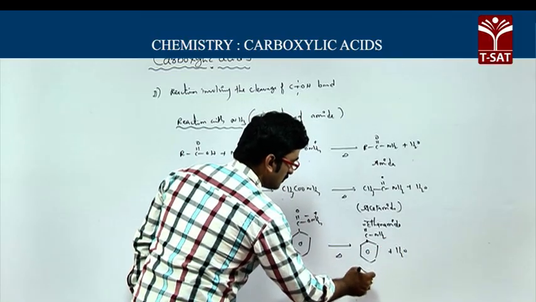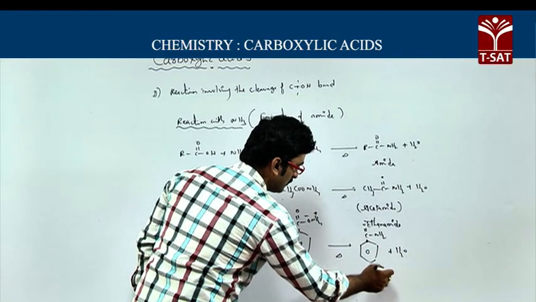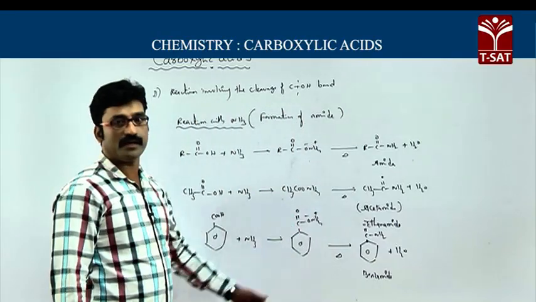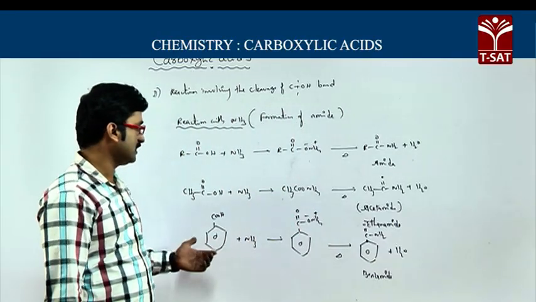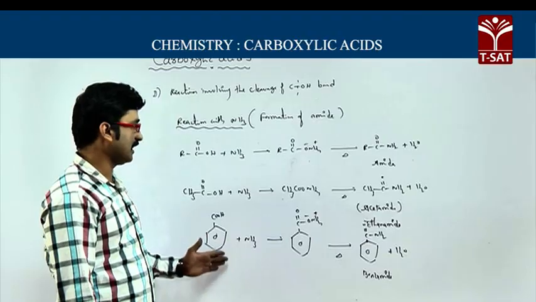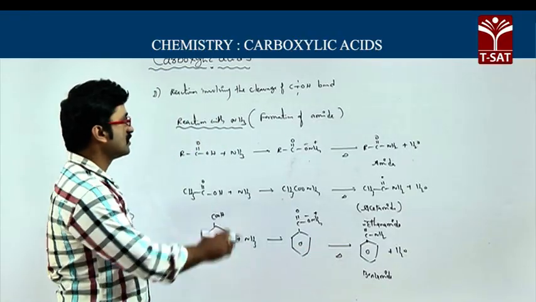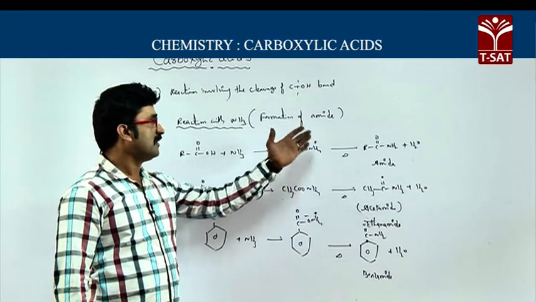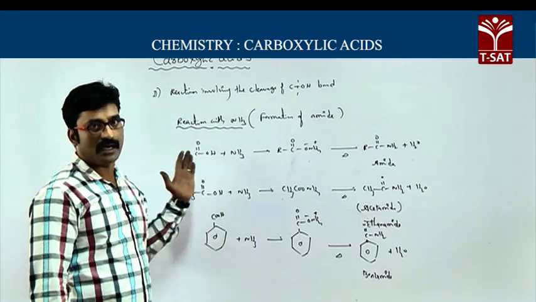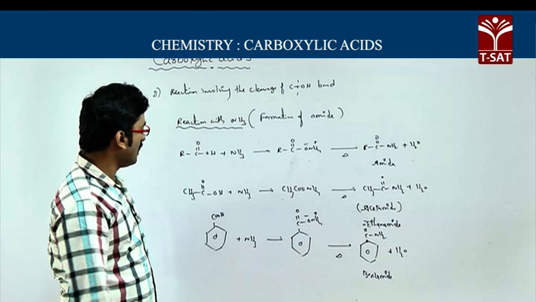This is known as benzamide. Benzamide can be prepared from benzoic acid using ammonia. In this reaction we are getting amides. So if you want to prepare amides, then carboxylic acid should be allowed to react with ammonia.